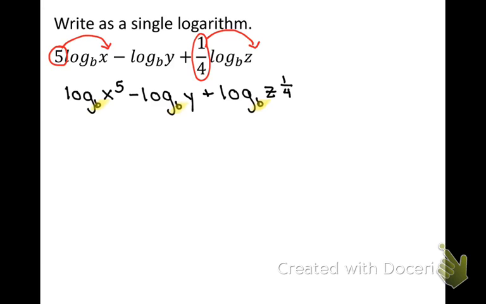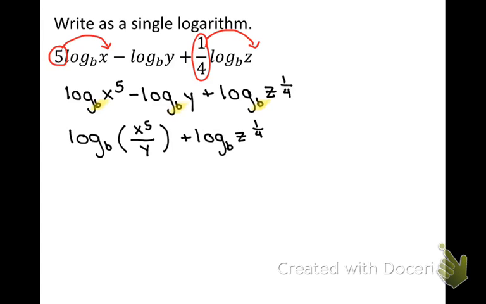Okay, so if we work our way across left to right, and I combine those first two terms to begin with, I would have log base b of x to the 5th over y. Okay, now I still have plus log base b of z to the 1/4.